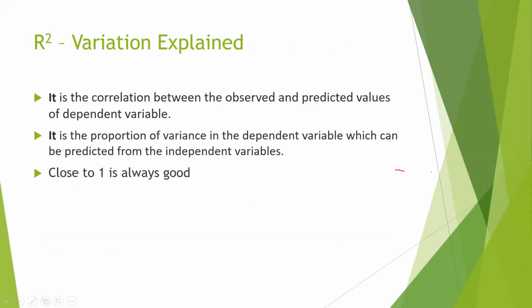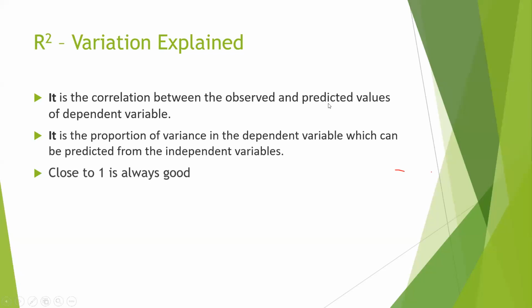As I was telling you about R square, the variation explained is the correlation between observed and predicted value, and it is the proportion of variance in the dependent variable which can be predicted from the independent variable, and close to 1 is always good. R square is nothing but the correlation squared, and correlation between what?